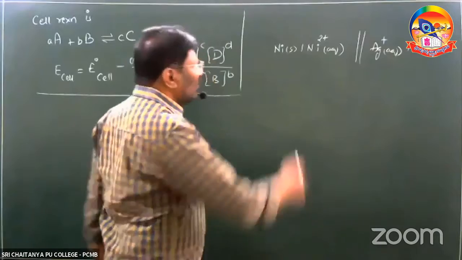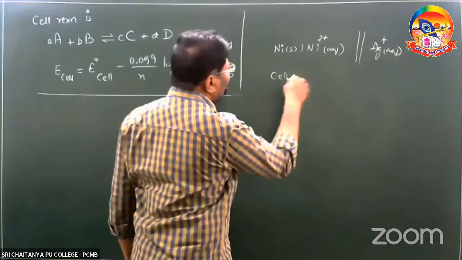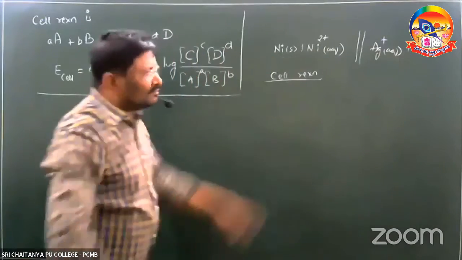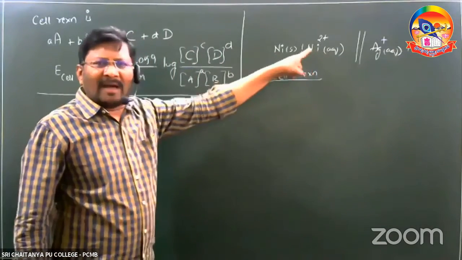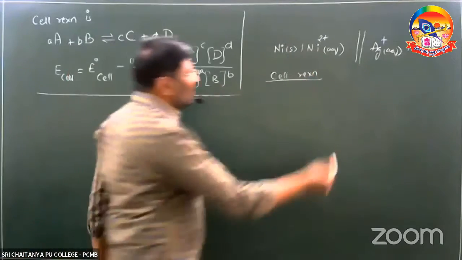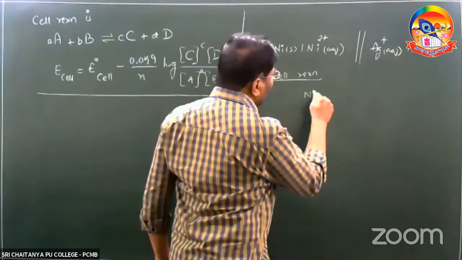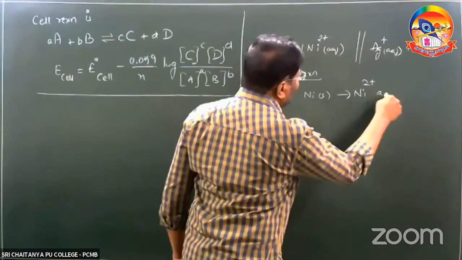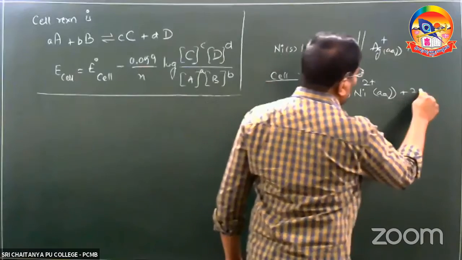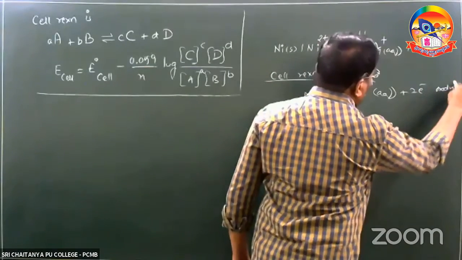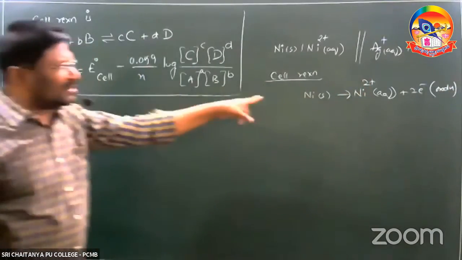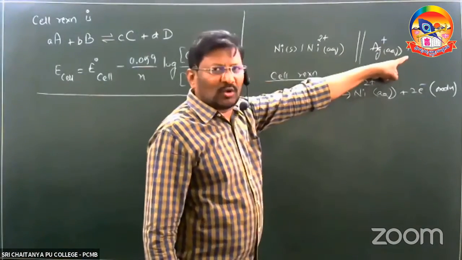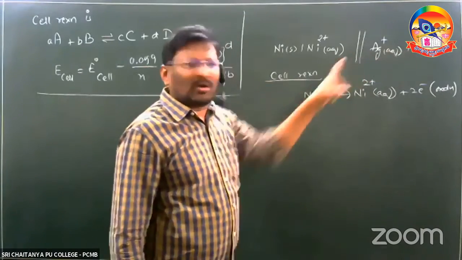So now for this, what is the cell reaction? This is anode. At anode, oxidation occurs. So what do you write? Ni solid gives rise to Ni2 plus aqueous plus 2 electrons. This is oxidation. The next one, cathode.